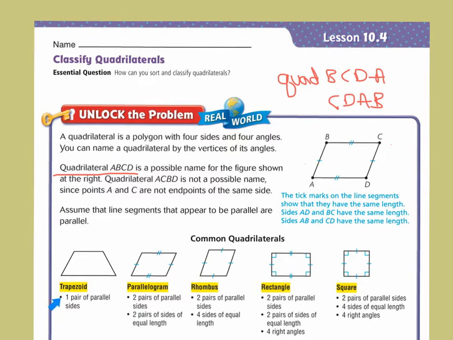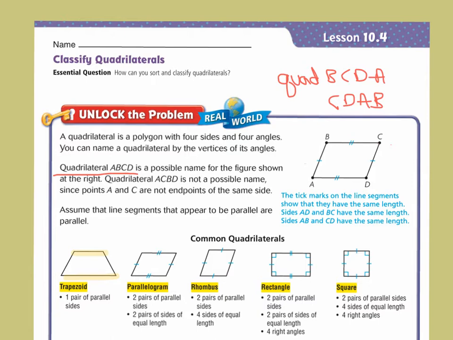The trapezoid has one pair of parallel sides. It's this bottom segment along with this top line segment. So this top line segment and this bottom line segment are parallel to each other, and that is an attribute or feature of a trapezoid. I kind of like trapezoids.